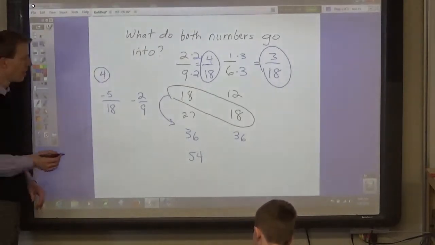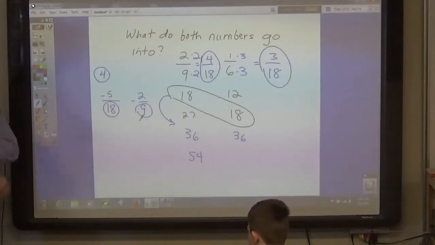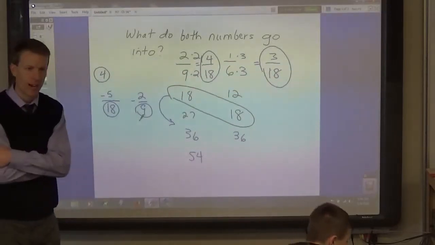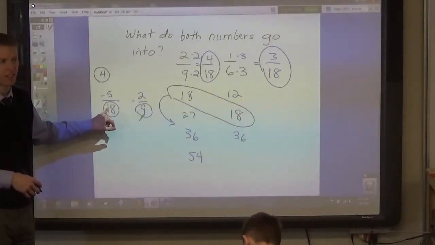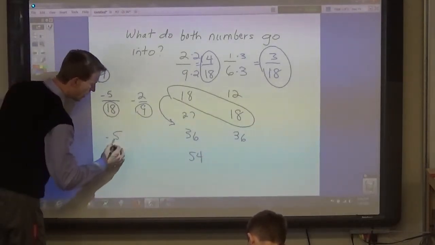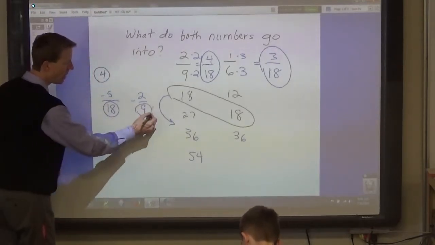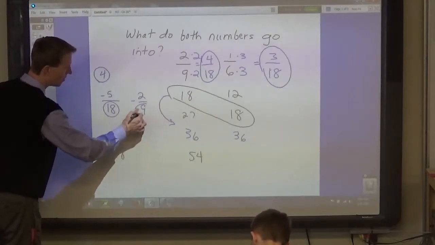Now, look at the denominators, 9 and 18. What's the common denominator, or what's the lowest common multiple? Great, 18, because 9 goes into 18. So we can keep the first one as negative 5/18, and then we have to convert 2/9 into 18ths.